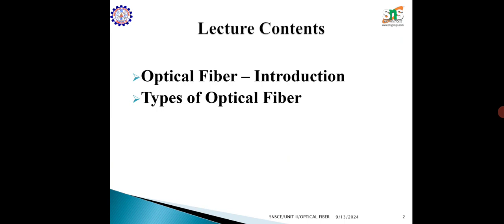There is a requirement for a medium, so it can be the optical fiber. After the invention of optical fiber, it is very helpful for long distance communication, without any effect of atmospheric conditions.